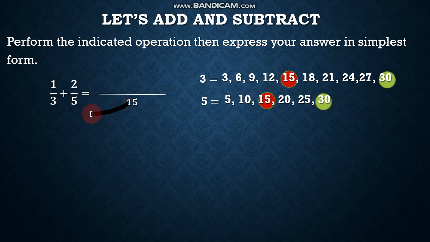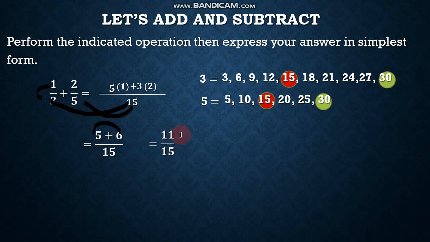So 15 divided by 3 is 5, times 1 is 5. 15 divided by 5 is 3, times 2 is 6. So simplify, 5 times 1 is 5, 3 times 2 is 6, over 15. 5 plus 6 is equal to 11 over 15.